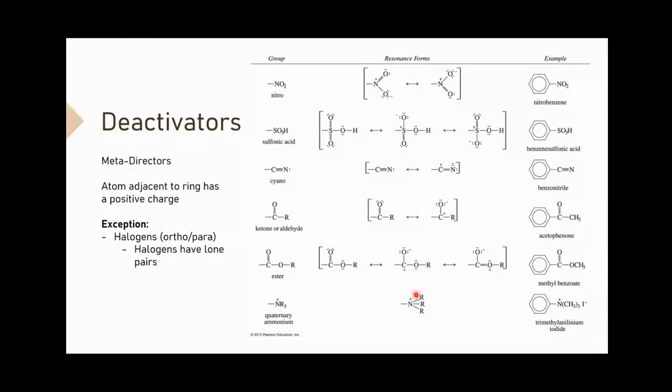The same goes with all of these. Their resonance leaves a positive charge on the central atom. If I have a quaternary ammonium, I would say this one is probably the strongest because this positive charge cannot resonate, so it's stuck on the central atom.